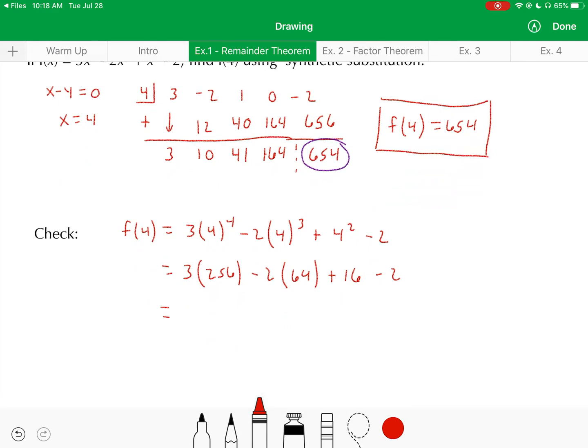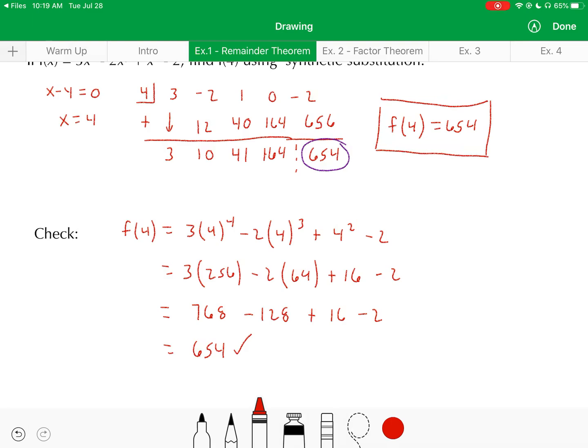Then do your multiplications. 768 minus 128 plus 16 minus 2. And then when you're all done, that's going to equal 654. Okay, so you might be thinking, why couldn't I just do that all along, that process that we just used as a check? Well, you certainly can, but you're going to see with some future examples, once we get into a second theorem, that this synthetic substitution can be really helpful depending on what we're being asked to find.